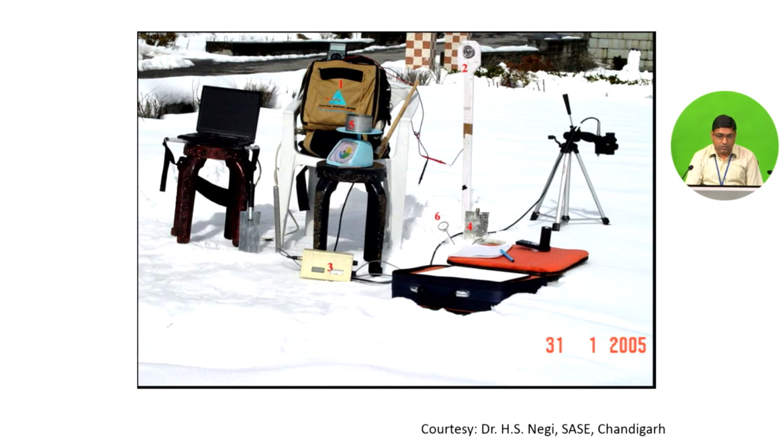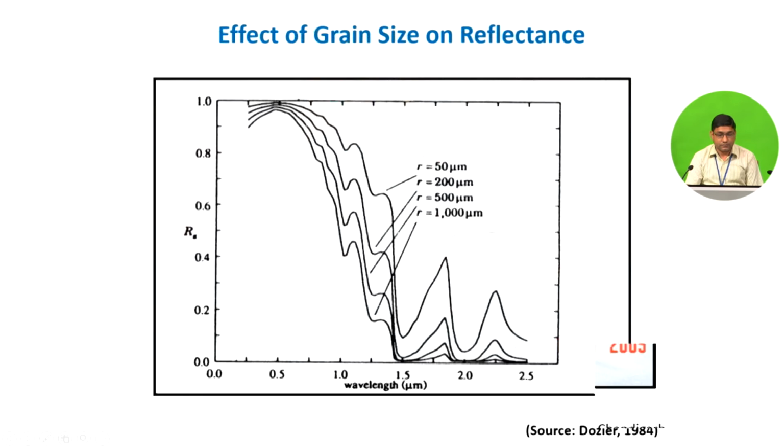So we need to measure the spectra in the field. Such instrumentation is required to collect the field spectra. This is our spectroradiometer, this is the pinometer and this is the moisture meter. And this is the weighing machine for calculating the density of snow.